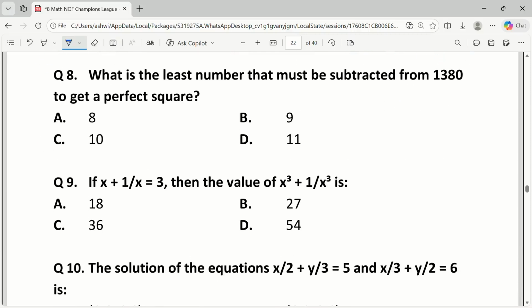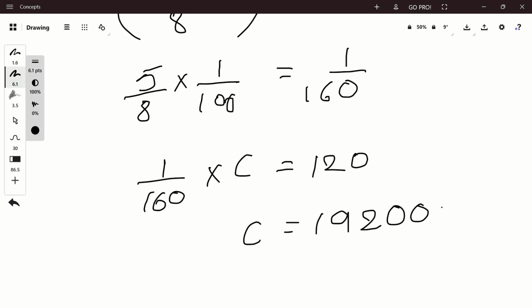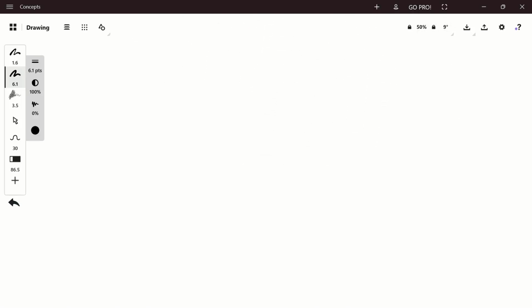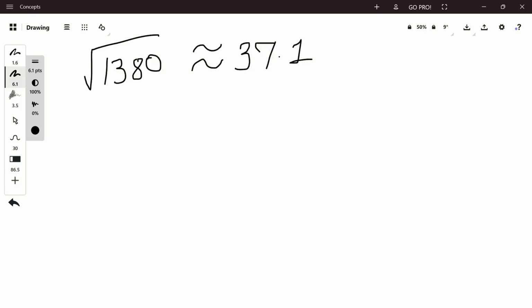Question 7. What is the least number that must be subtracted from 1380 to make it a perfect square? Find the largest perfect square less than 1380. The square root of 1380 is approximately 37.1.